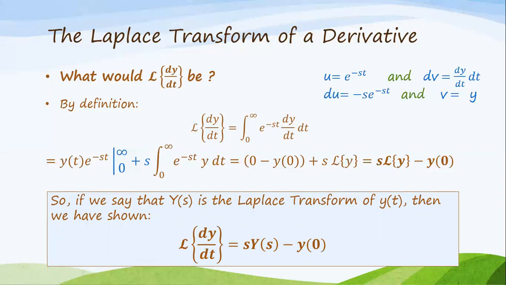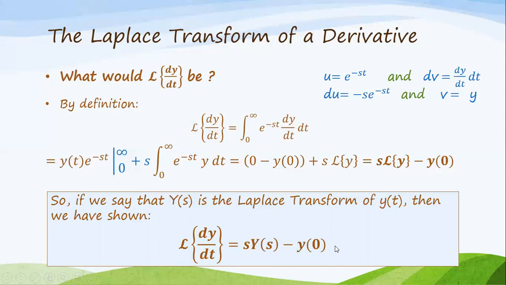Let's summarize that again. Suppose that we say that capital Y of s is the Laplace transform of little y of t. Using that familiar terminology and notation, what we've just shown is that the Laplace transform of the derivative of y is equal to s times the Laplace transform of y itself minus y evaluated at 0.